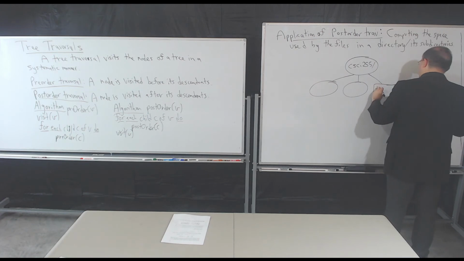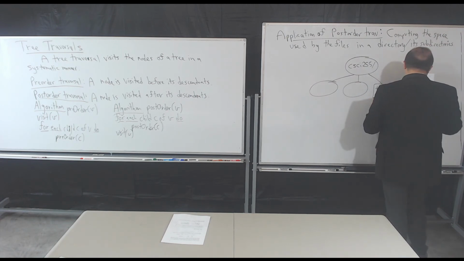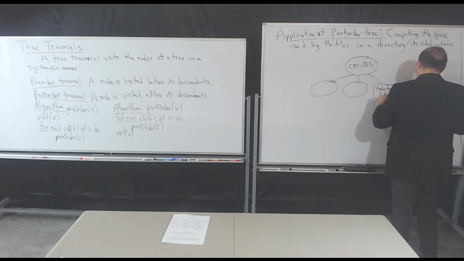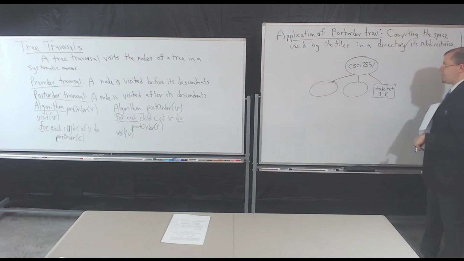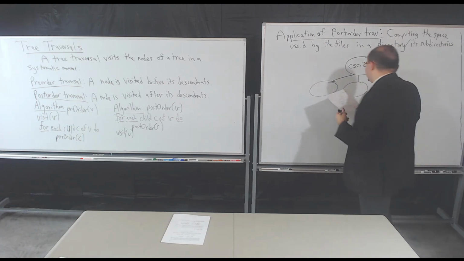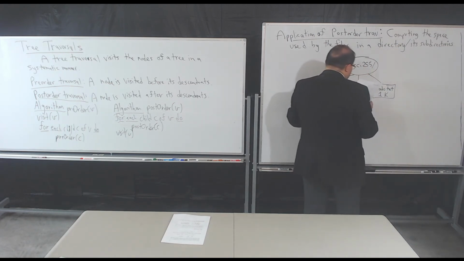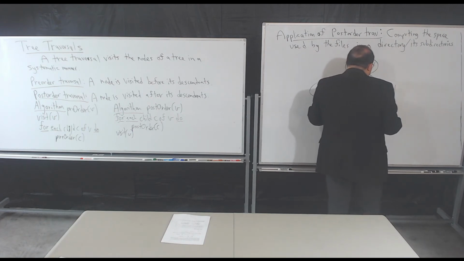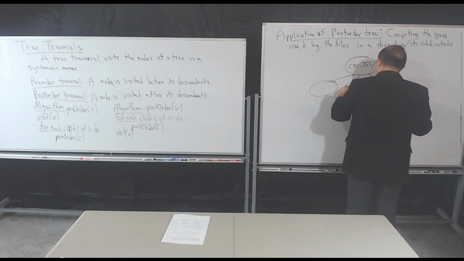The file is going to be called todo.txt. Maybe this is some of your homework or like a to-do list you have for the class. We're going to say that this is 1 kilo of memory. I'm not going to worry too much about the measurements here. It's 1 kilo. Maybe we can say kilobytes. I don't know. Then we're going to have a folder for programs.